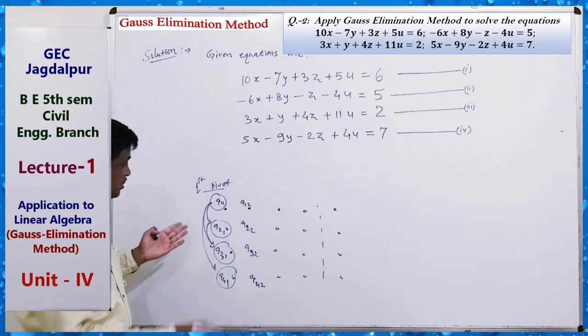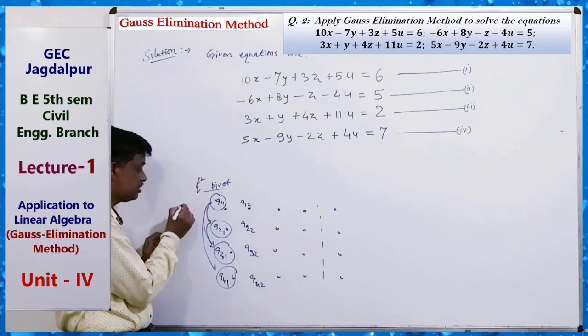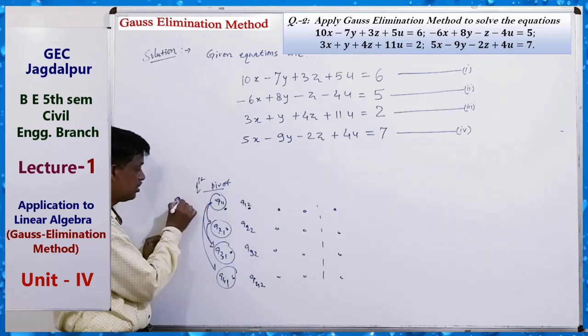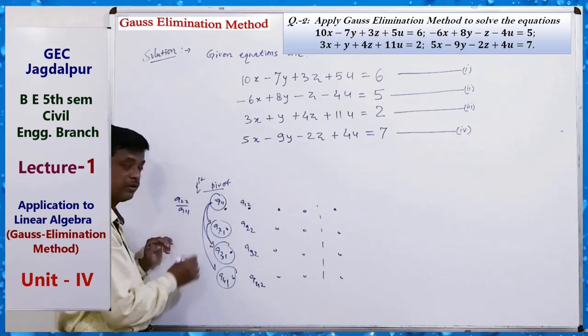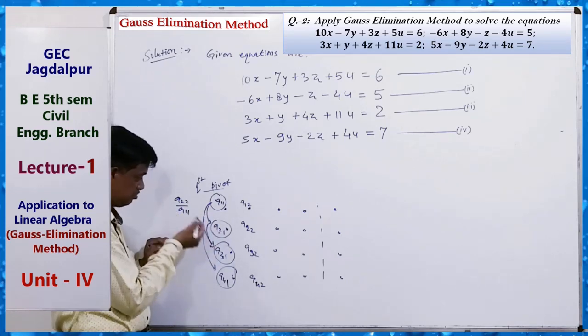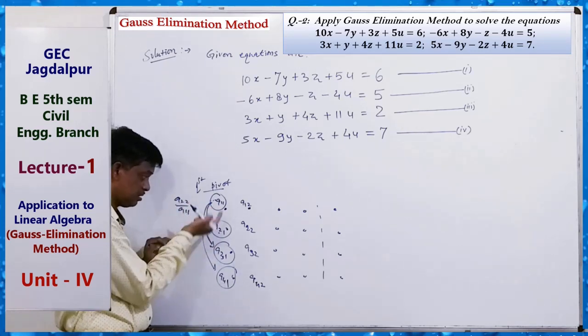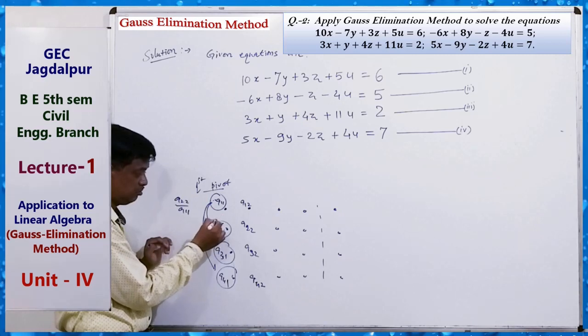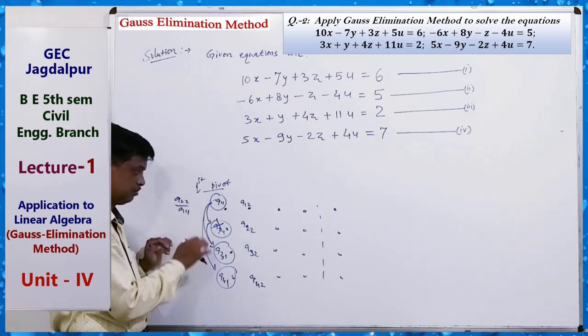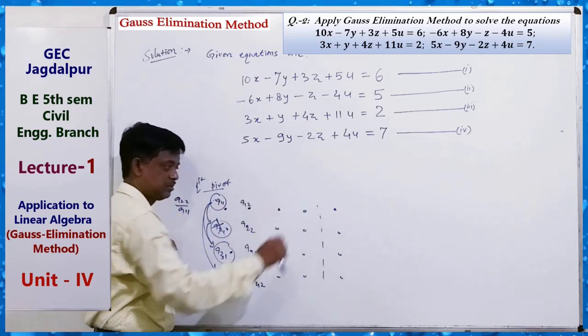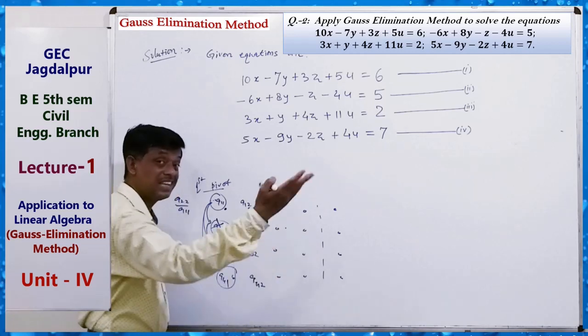How? By multiplying the first equation by A21 upon A11 and subtracting from here, we can cancel. Doing it in all the terms, the constant will be changed.